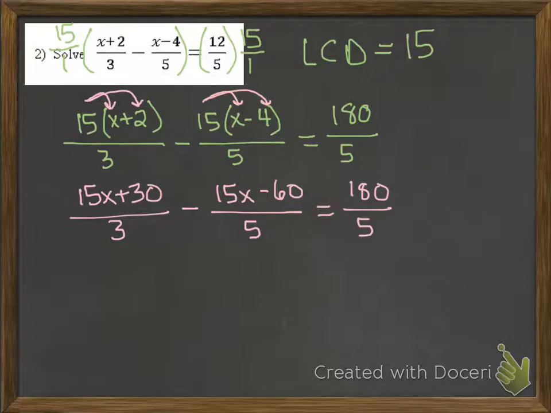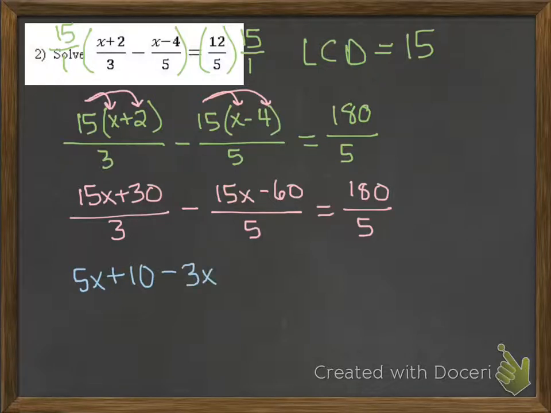And then the next step in order to completely clear those fractions is to go ahead and do the division that's shown. So with the first fraction, we'll divide the terms by 3. Second fraction, we'll divide the terms by 5. And then on the right-hand side of the equation, we'll divide 180 by 5. So when we divide 15x plus 30 by 3, the result of that is 15x plus 10.